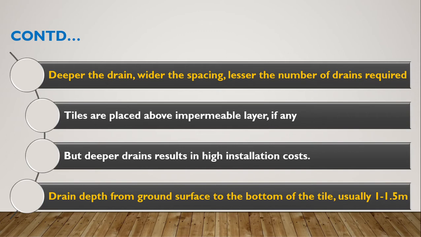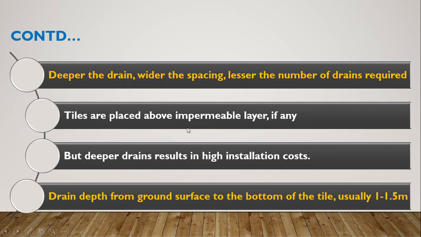We have seen that depth and spacing are interrelated. When the drain is placed at a deeper depth, the spacing can be wider, and a lesser number of drains is required. You have to think logically and understand this.